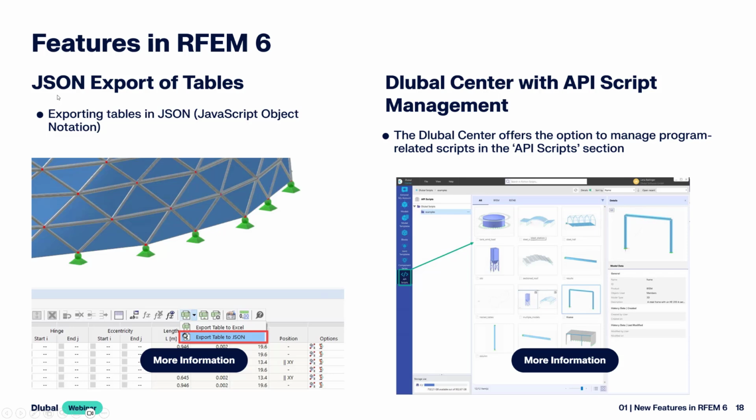Also JSON is possible. Then the Dlubal Center with API script management. You have different examples already here, and you can use them or create your own API scripts and manage them in the Dlubal Center.